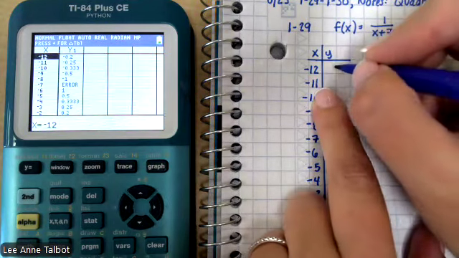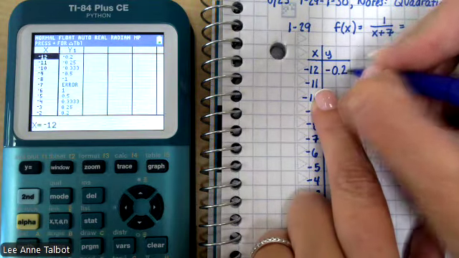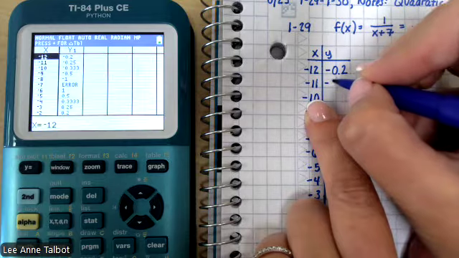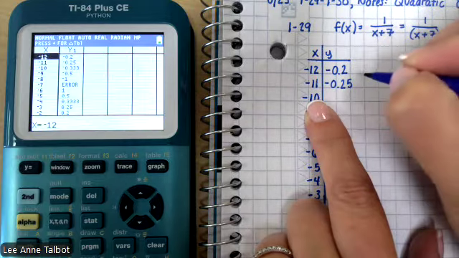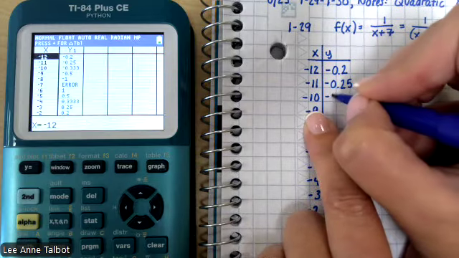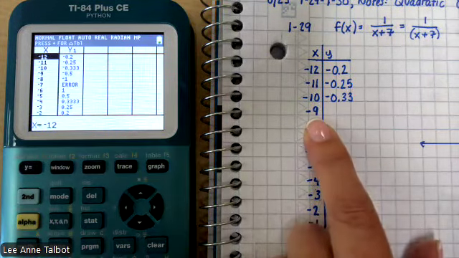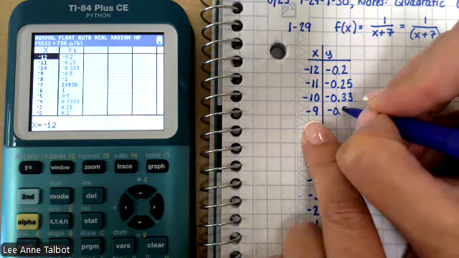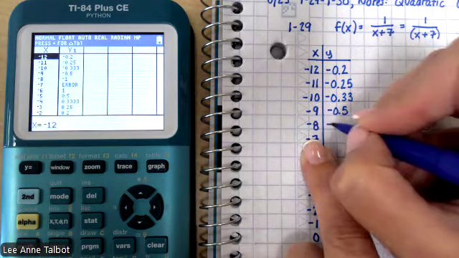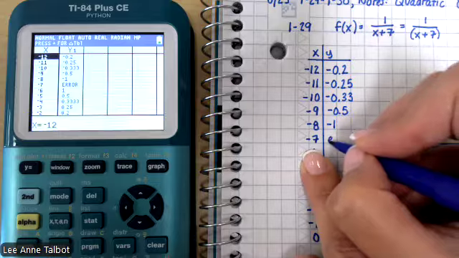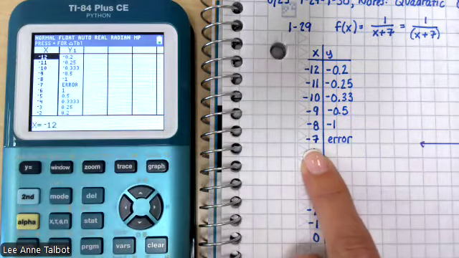So I'm going to say -0.2, -0.25, -0.33, -0.5, -1. There's an error.